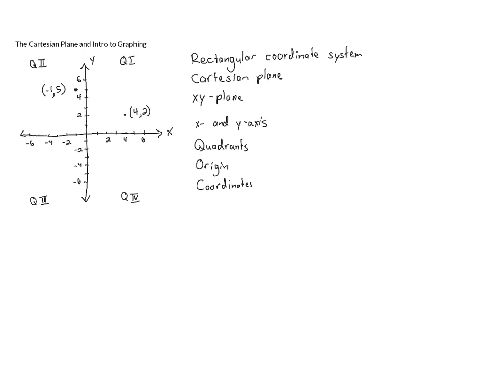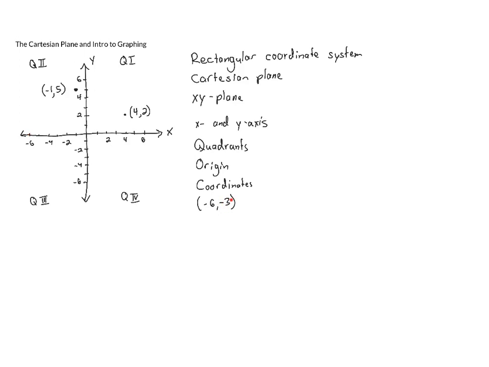Now, just like each point has x and y coordinates, each pair of x and y coordinates corresponds to a point. If I asked you to take the point -6, -3 and graph it, that would correspond to a point somewhere on the xy plane. And it's not that difficult to figure out where it is. It has an x-coordinate of -6, so we need to move to -6, to the left 6 on the x-axis.